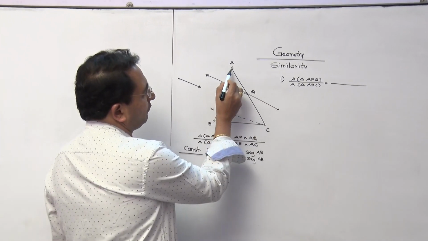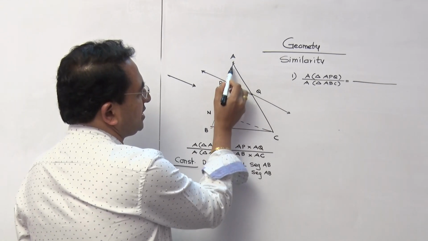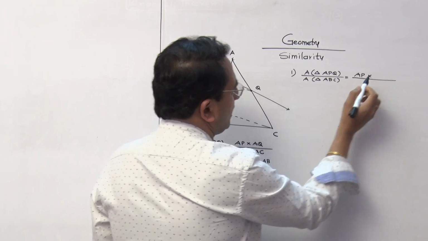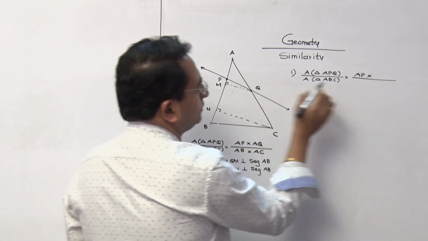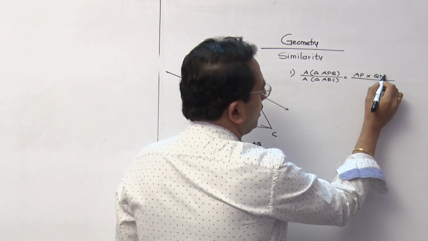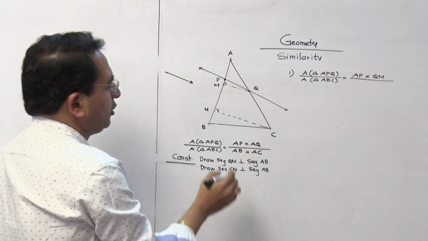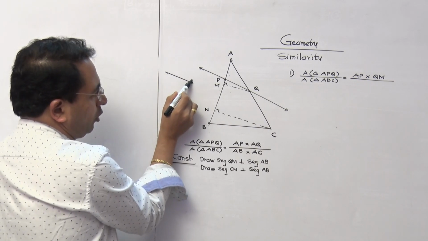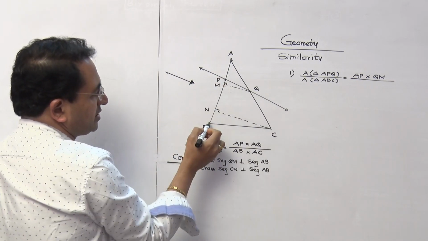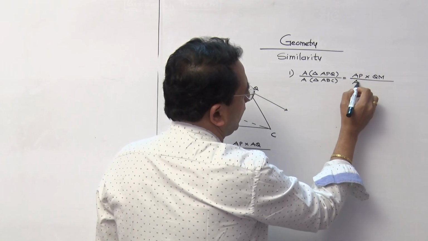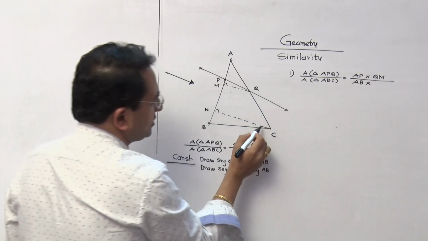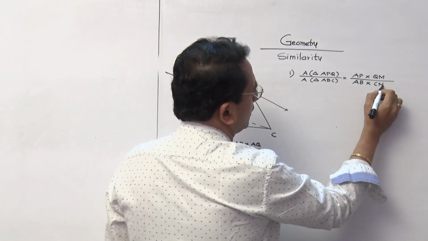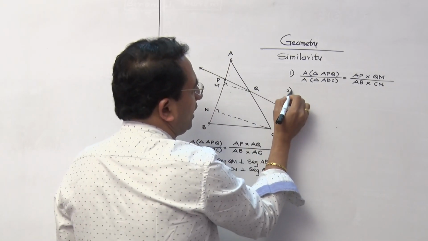Now if you think of APQ triangle, the base is AP, so I am writing AP here, and height is QM, so I am writing QM here. Similarly, when you talk about the full triangle here, observing a figure from this side, you are the observer, so AB is the base, so I write AB here, and this is the height. The height is CN.